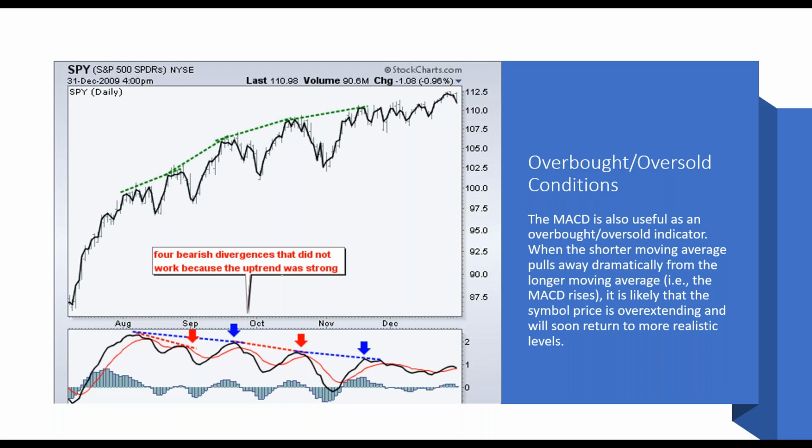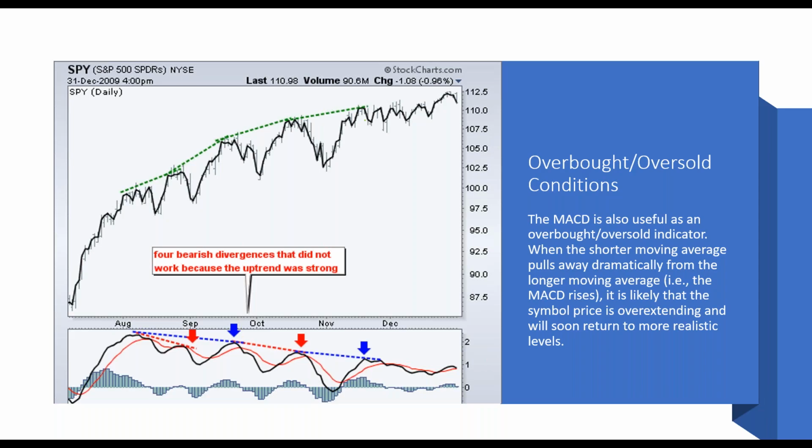Now, there's also divergence. I never use divergence, and I never actually see it till it's too late. Divergence occurs when the MACD line is moving in one direction while the price is moving in the opposite direction. So here we can see that the MACD line was making lower lows from one peak to the next, while the price was making higher highs.